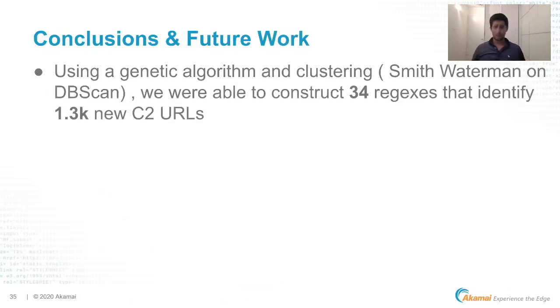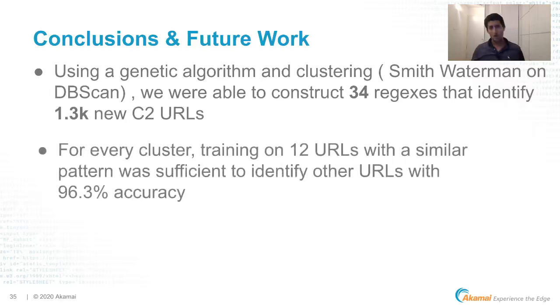Conclusion: using a genetic algorithm and clustering based on Smith-Waterman and DBSCAN, we were able to construct 34 regexes that identify 1.3K new C2 URLs. For every cluster, you need only 12 URL paths to create a powerful signature.